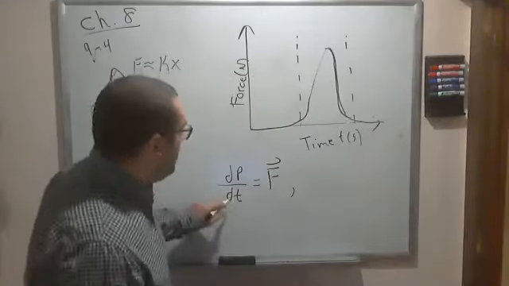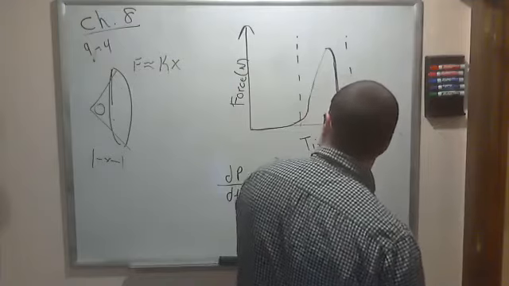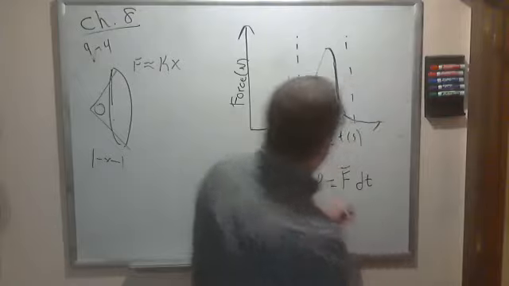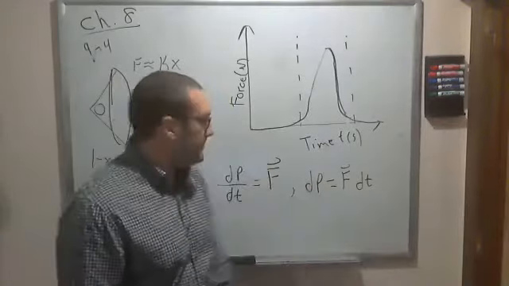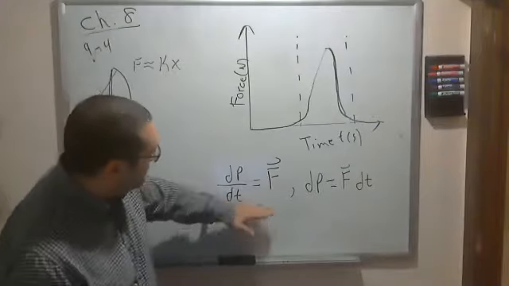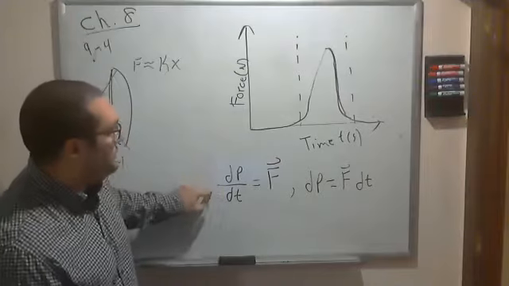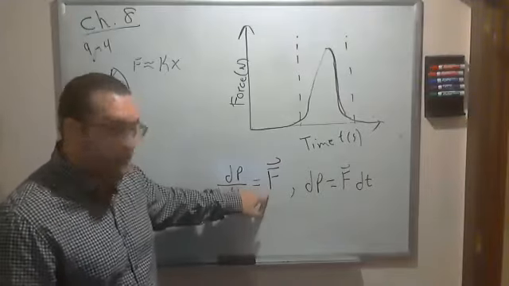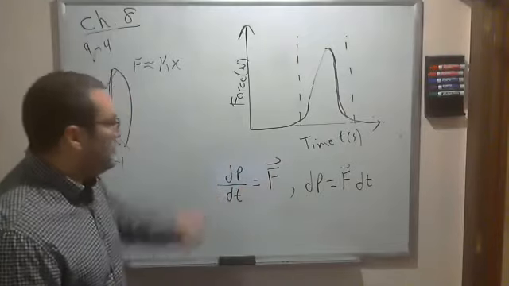If we bring time to the other side, we see that the change in momentum is equal to the force times the interval over which the force is applied. Beforehand, we had this equation, which was the instantaneous change in momentum for the force at that particular instant.